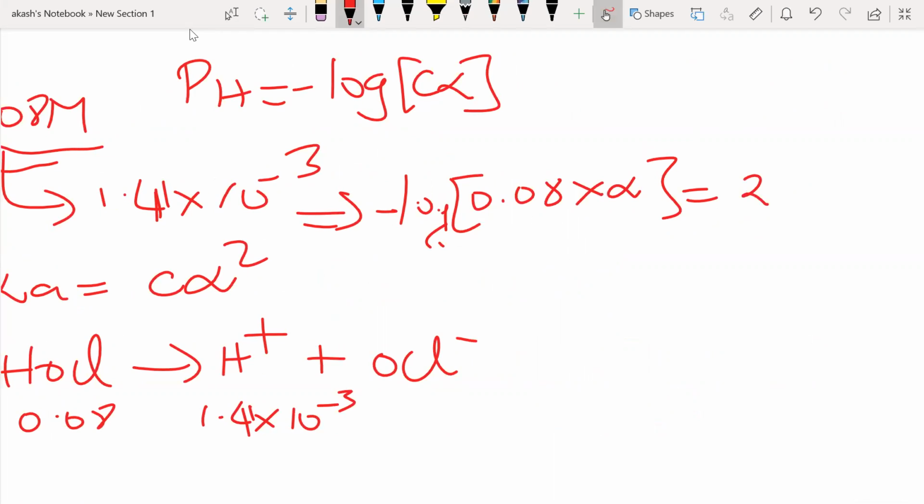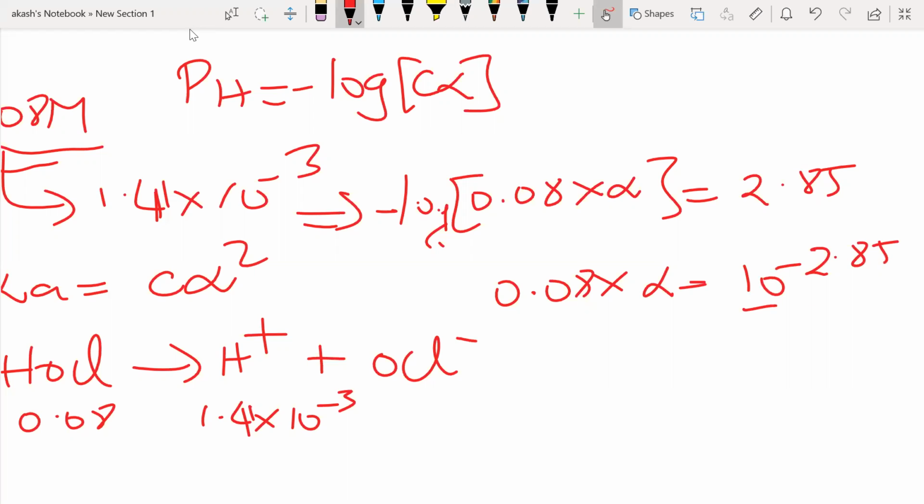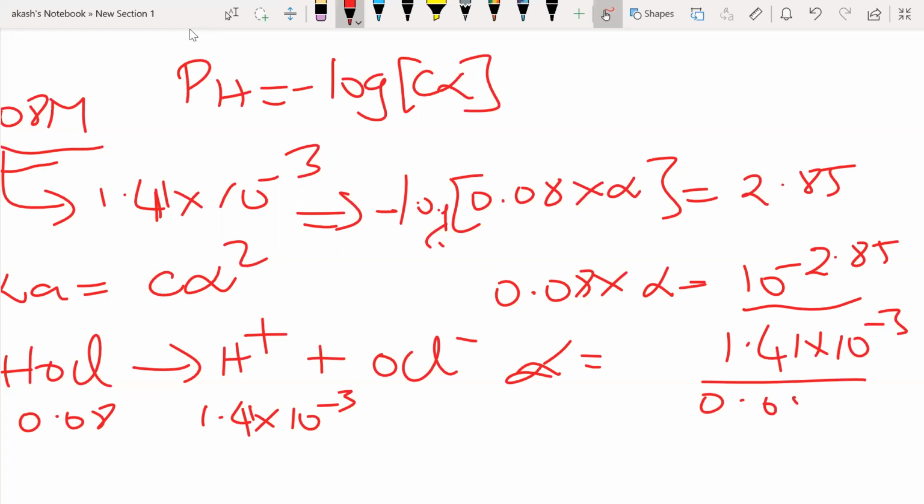So I can write 0.08 into alpha is 10 to the power minus 2.85, and this I found to be 1.41 into 10 to the power minus 3. So alpha would be this divided by 0.08. Done. I got the alpha value. Now you substitute it in the Ka equation here.